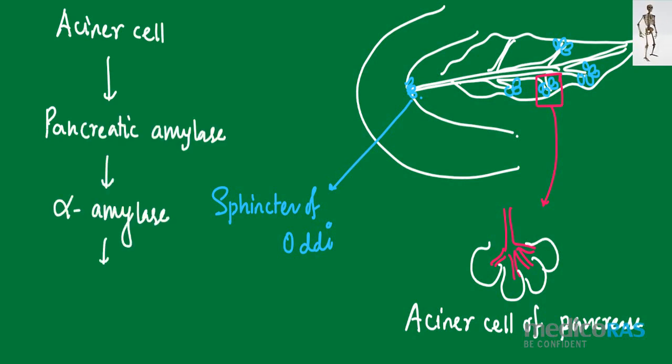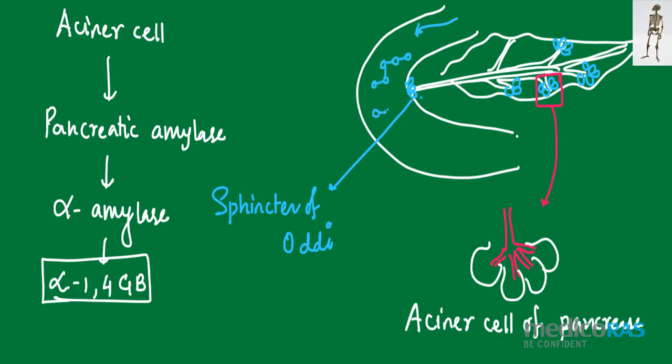Again, we know alpha amylase can break the bond, which is alpha 1,4 glycosidic bond. Therefore, in the duodenum area, if undigested carbohydrate molecules or starch molecules are present, it can break only the 1,4 glycosidic bond.